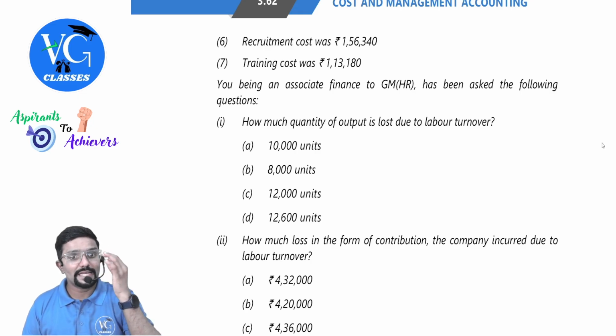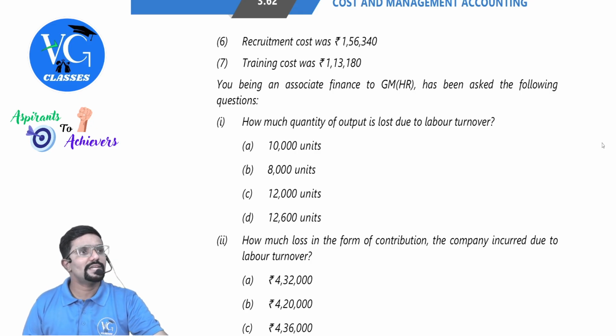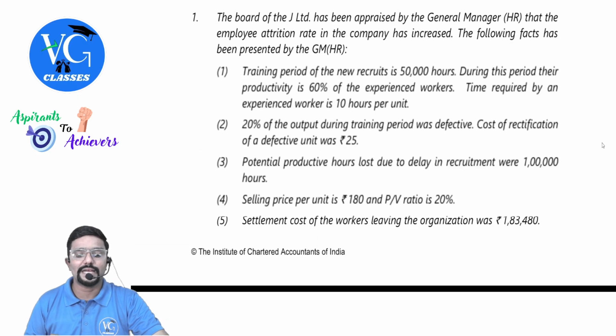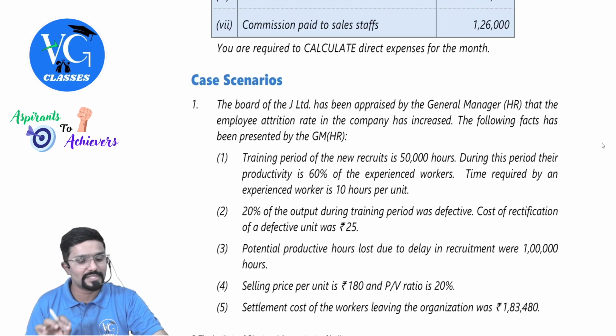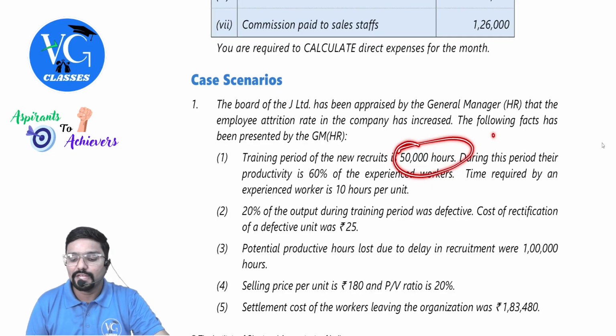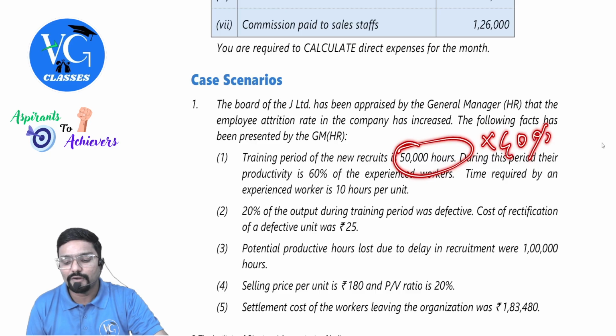You, being an associate finance to the GM, HR, have been asked the following questions. How much quantity of output is lost due to labor turnover? See, for that they have given some input. First of all, how much hours has been spent on training? 50,000. In that, how much is unproductive? 40%.